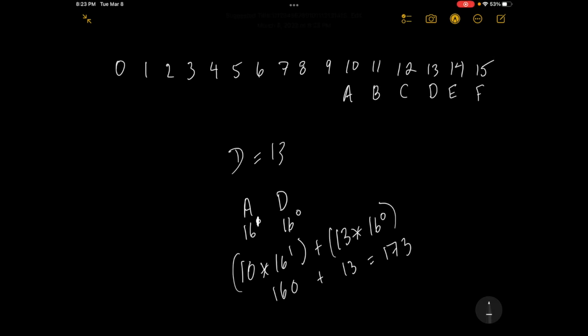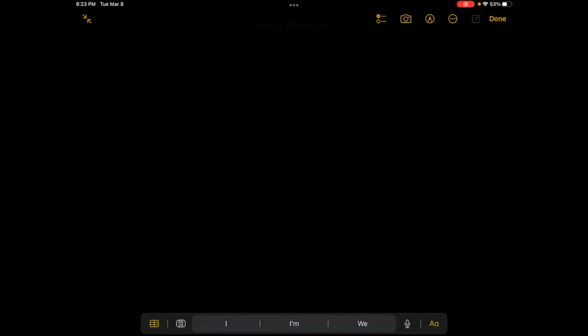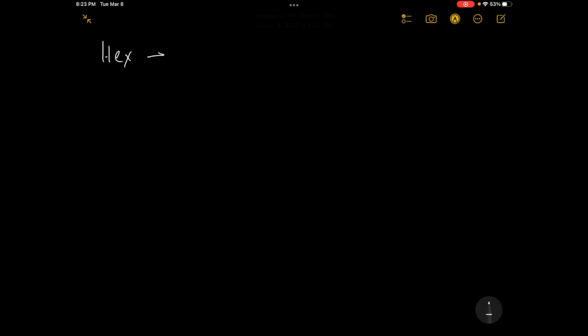Okay, let's go on and do some actual conversion. I guess we just did a conversion problem, but let's do another one. Let's say we want to convert 3a to decimal. This is an example of converting from hex to decimal. First, we write out 3a, which is our hex number, and we know a equals 10 in decimal.